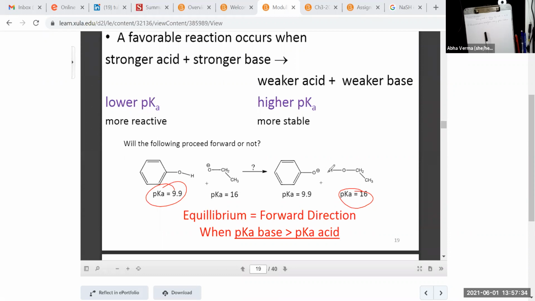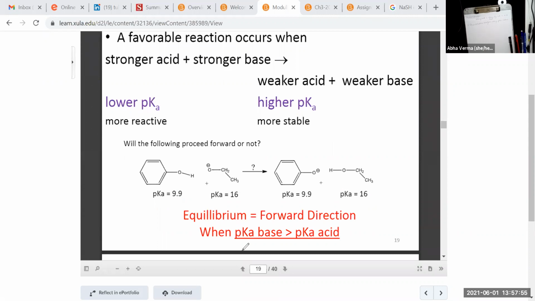So for all cases, you will have to label your acid, conjugate acid and conjugate base. Then you will figure out based on pKa's which is your acid, what is your conjugate acid, and then you can compare those.